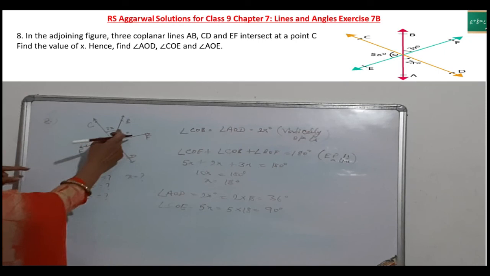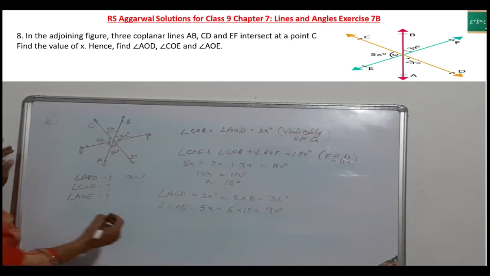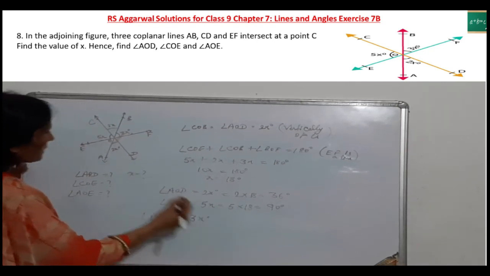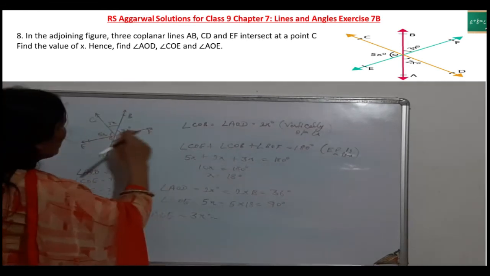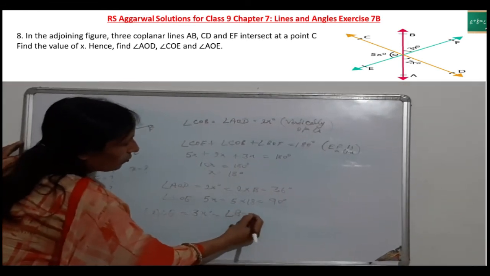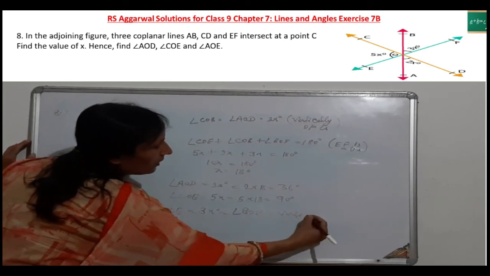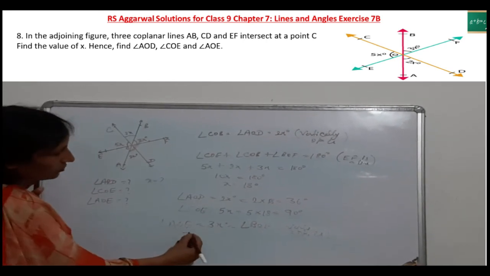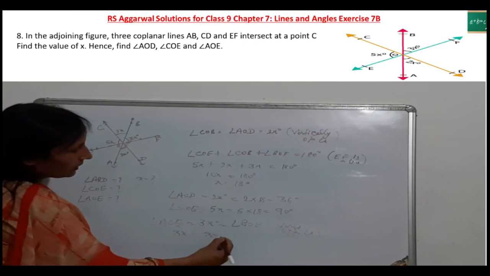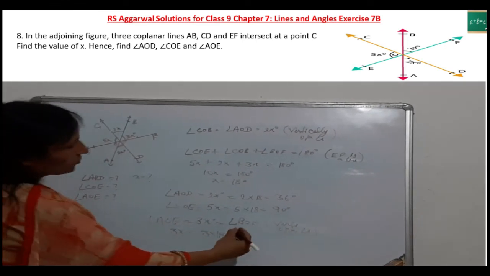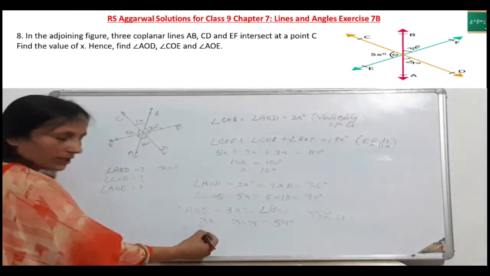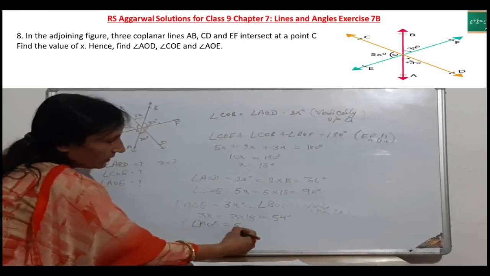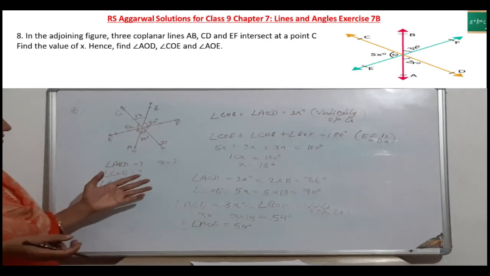Angle AOE is equal to 3x, because it is equal to angle BOF, vertically opposite angles. So angle AOE is equal to 3x. So 3x is equal to 3 into 18. 18 times 3 is 54. So here angle AOE is equal to 54 degrees.